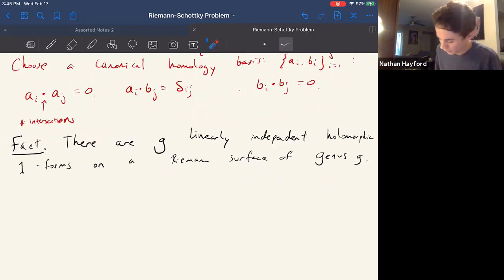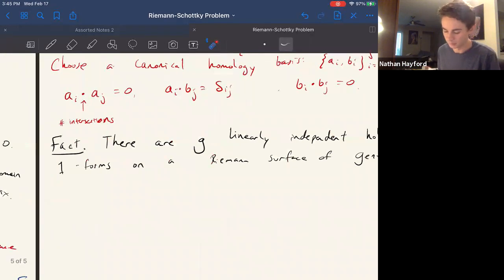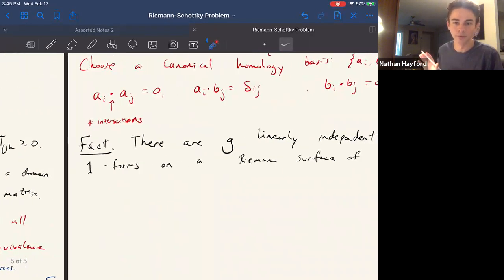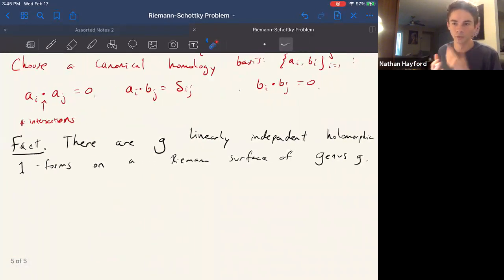And it doesn't really bother us that in the case of genus 0 there are none, because we're not going to care too much about genus 0, since it's just like the Riemann mapping theorem. There are no non-trivial examples of conformal equivalence classes. So we don't deal with that case at all.